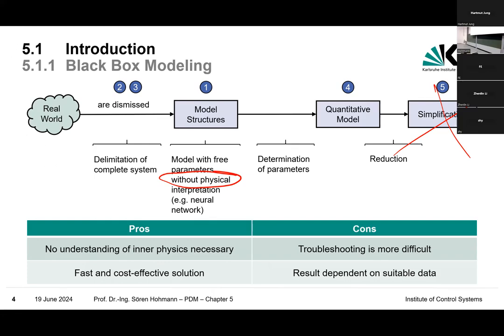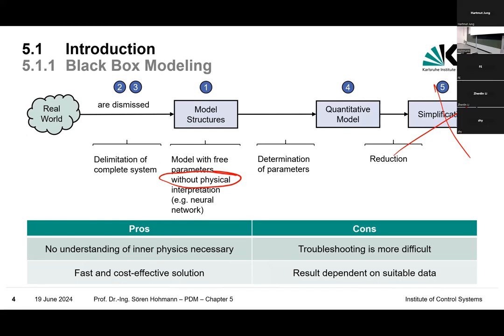If you talk to the traditional control engineering community, white box models are the best, and the truth is in between, right? And your generation should not just learn one side, but should understand both.